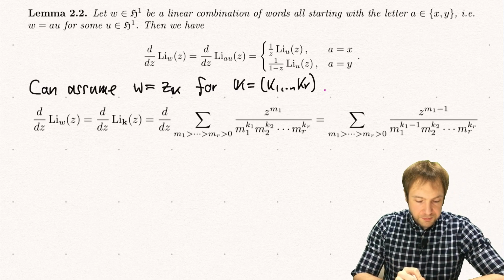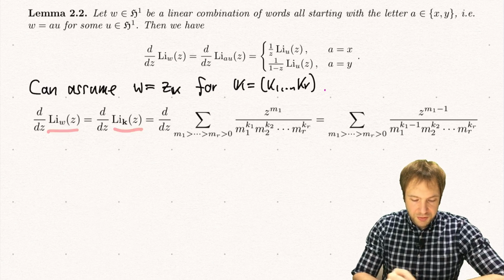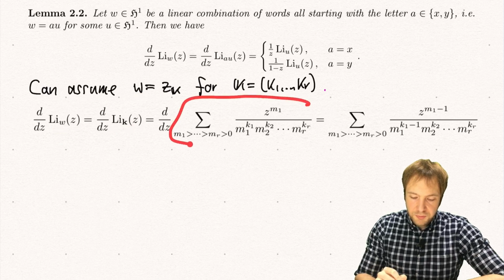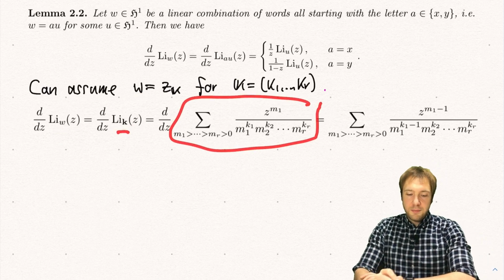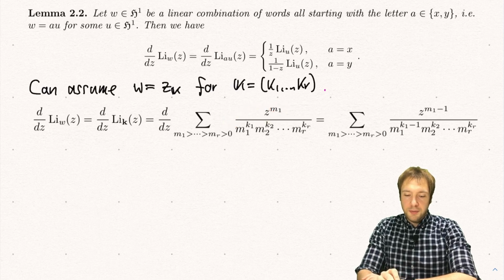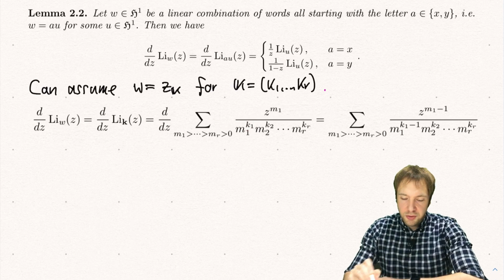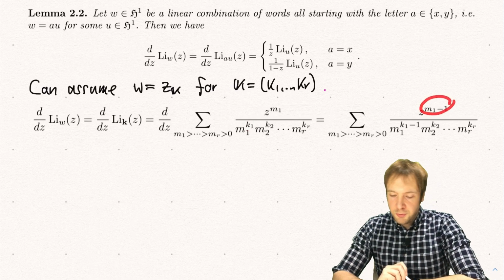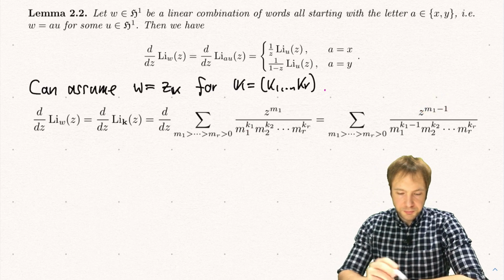And then this is now just rewriting this for this case here. So this was the definition of Li_k. And if we take the derivative with respect to z, then we will multiply here with m_1, so this exponent here will get reduced by 1. And here this exponent is m_1 minus 1.